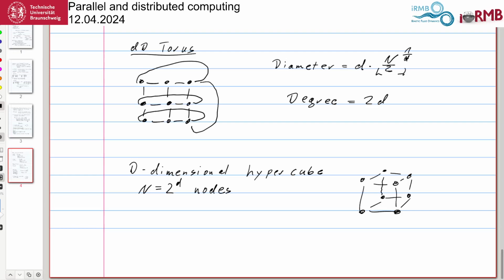So I cannot draw a 27-dimensional hypercube, but I can draw a 3-dimensional hypercube. Maybe it's then not hyper, but it would be the same thing.